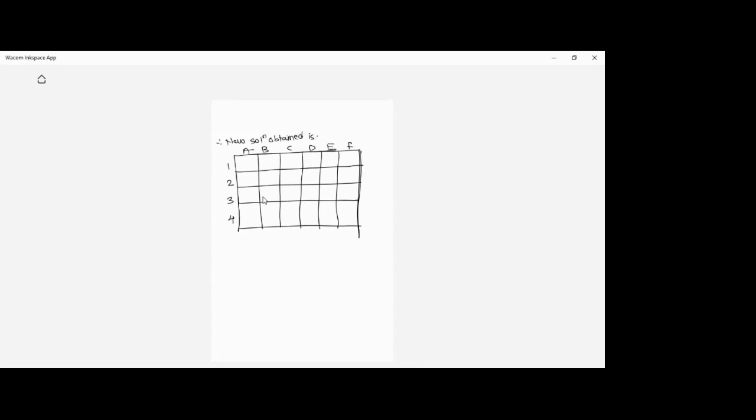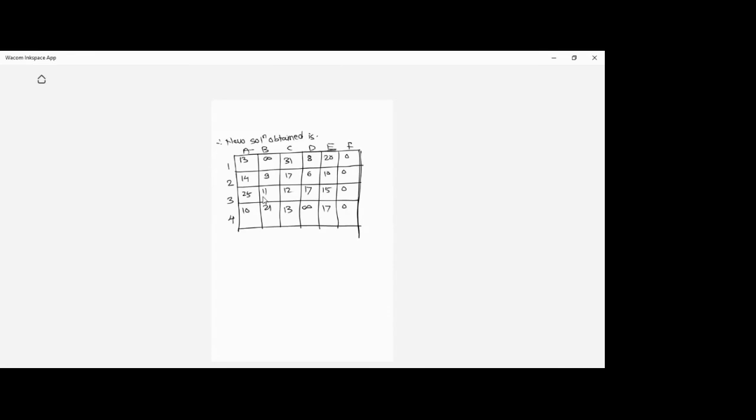So writing all these values: 13, infinity, 31, 8, 20, 0, right? Then we have 14, 9, 17, 6, 10, and 0. We have 25, 11, 12, 17, 15, and 0. And we have 10, 21, 13, infinity, 17, and 0, right?